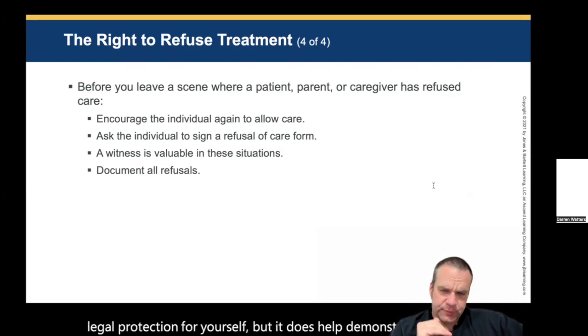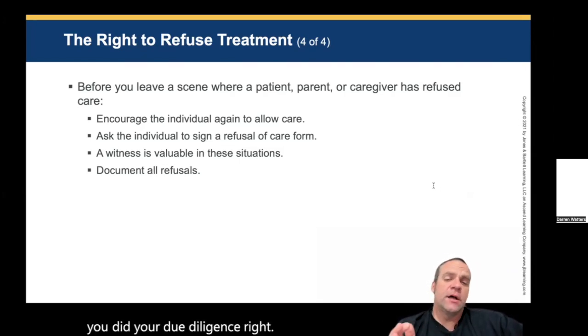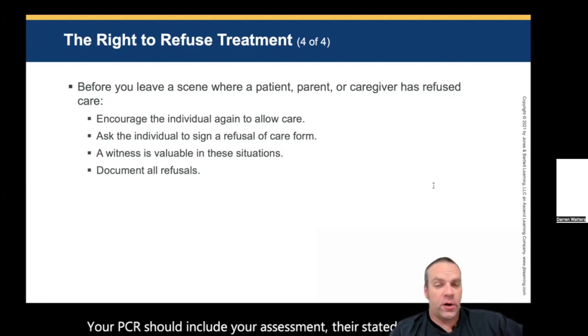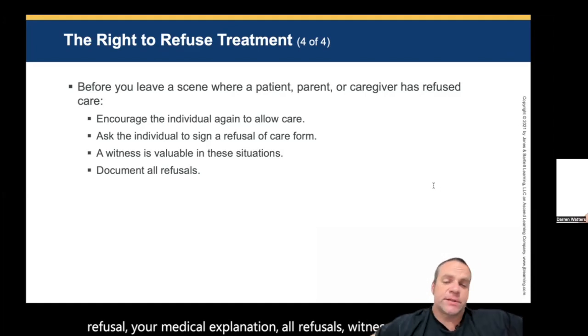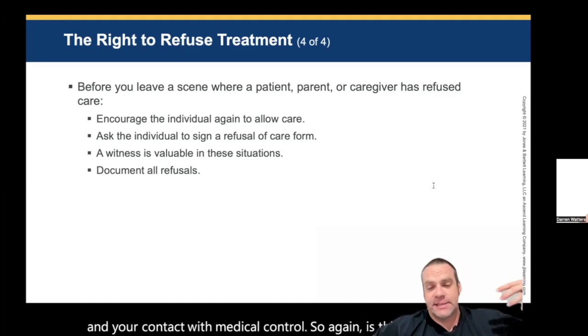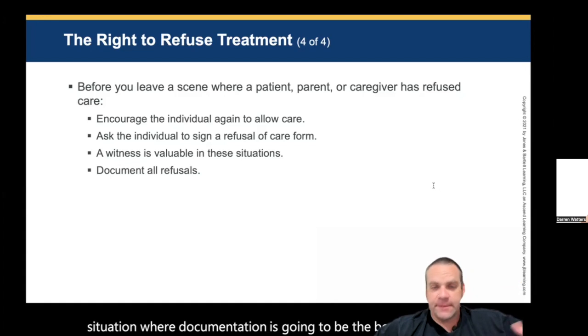Your PCR should include your assessment, their stated reason for refusal, your medical explanation, all refusals, witnesses' names, and your contact with medical control. Again, documentation is the best thing to protect you legally and professionally.